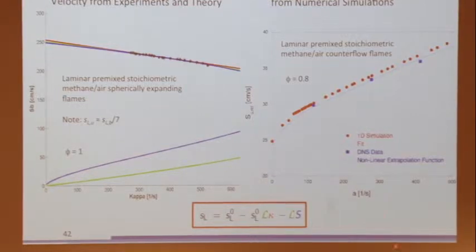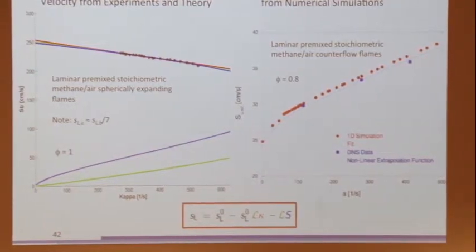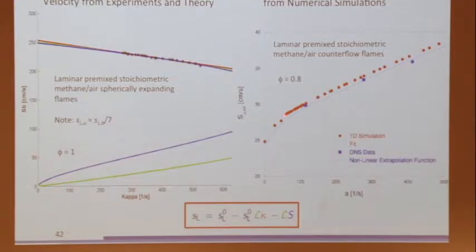We'll look at this later on. If you go to smaller and smaller strain, the burning velocity gets smaller and smaller. Also here, the linear relationship is quite good, except for very small values of strain, where the linear relationship is not so accurate anymore.